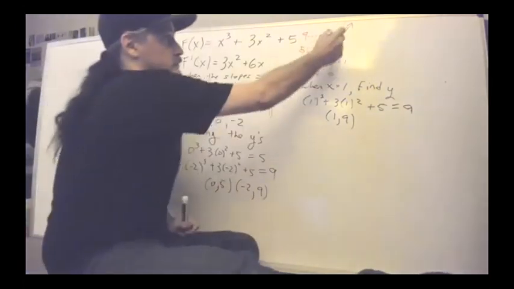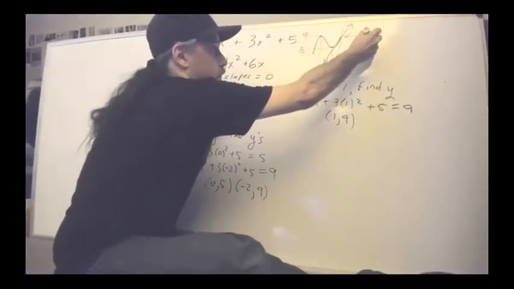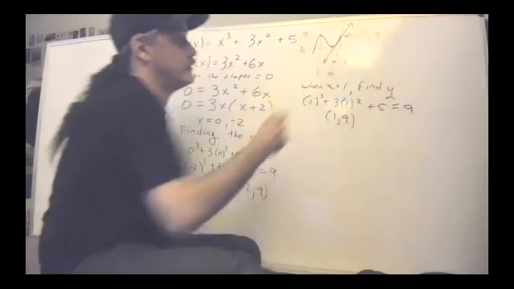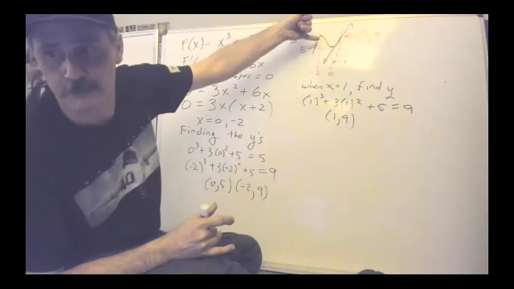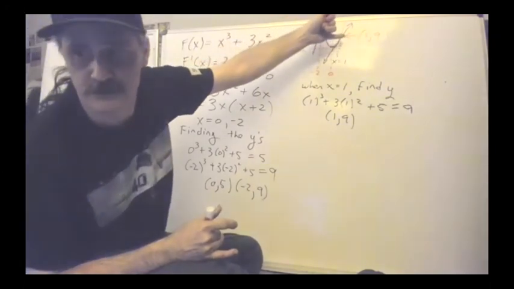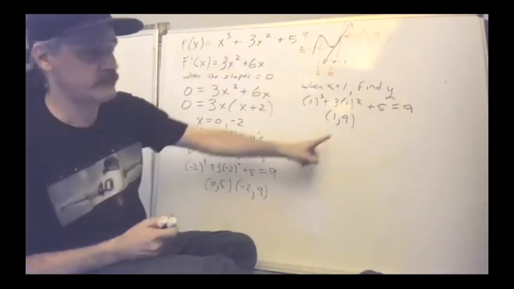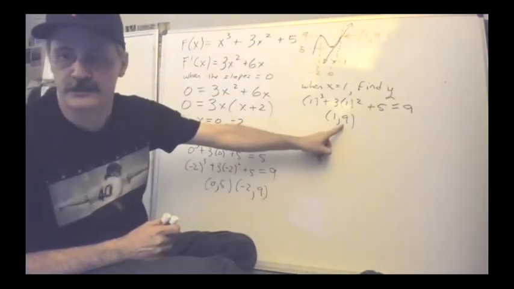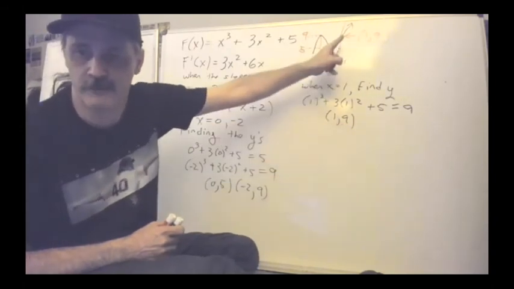And so this point right here is also 9. Okay, so the top left hump is the same as the y over here when x is 1. All right, so now we know the point our tangent line is crossing. We know our tangent line is crossing at 1, 9.